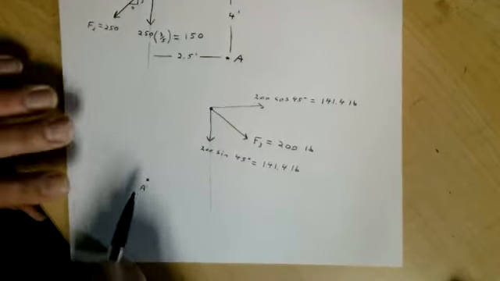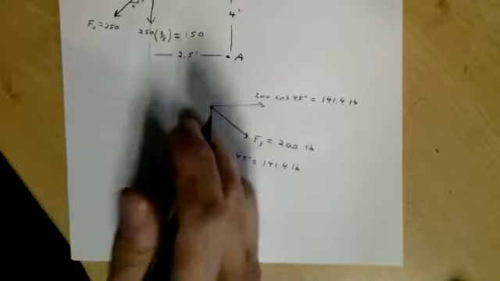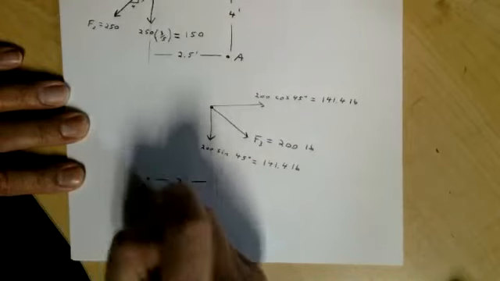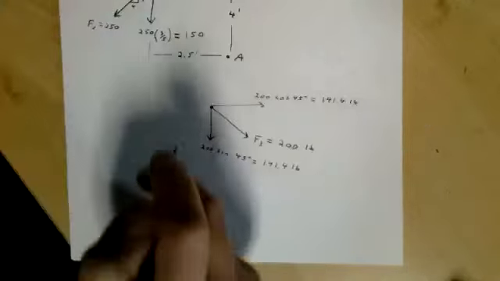And see what the distance is in this direction. It looks like it's going to be 3 feet. And in this direction, from A, it looks like it's going to be 6 feet.